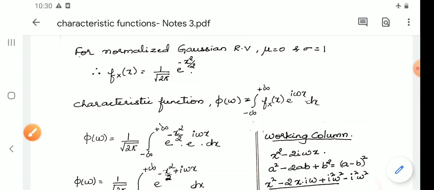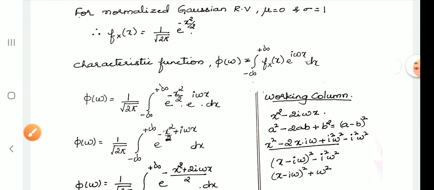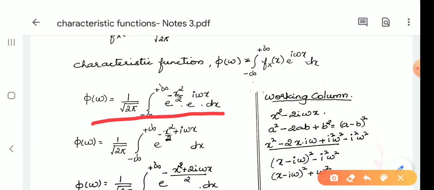When we put the value of fX(x), phi of omega becomes 1 by square root of 2 pi into integral minus infinity to plus infinity e to the power minus x square by 2 into e power j omega x dx. We see that here bases are same, so we can add the powers.